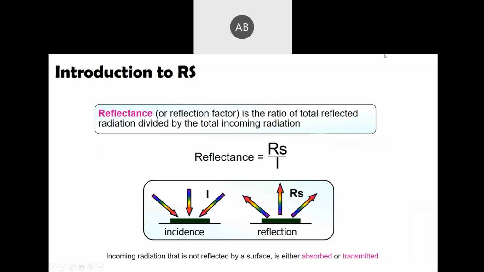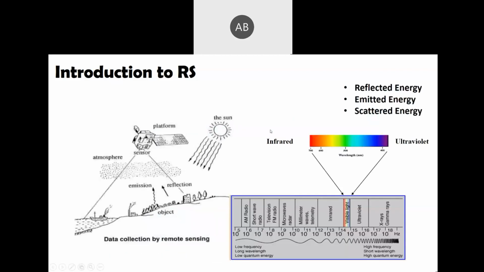Another very important thing that you will often come across in remote sensing is reflectance. So what is reflectance? Reflectance is nothing but a ratio of two energies. One is the reflected energy. Suppose the wave has come from the sun, penetrated the atmosphere, hit this particular building, and a part of it has gone back to be sensed by the sensor.